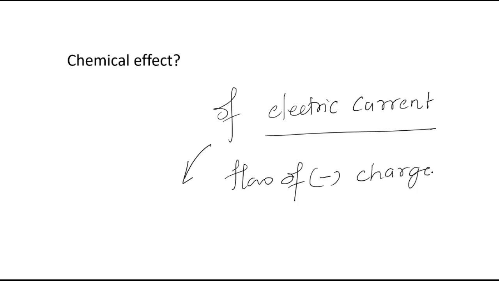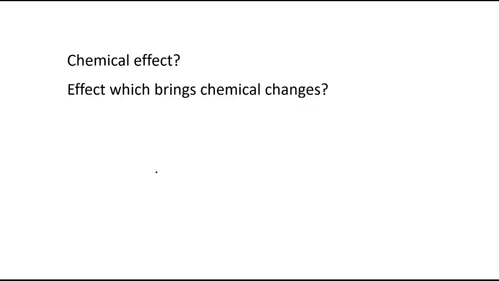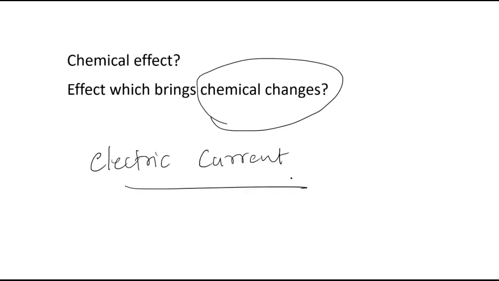Right? Now, chemical effect of electric current. What do you mean by chemical effect? The effect which brings a chemical change. So, any effect which brings a chemical change is a chemical effect. And what does chemical change mean? Now, what is the meaning of chemical change? And how electric current causes chemical change, we shall study in the next video tutorial.